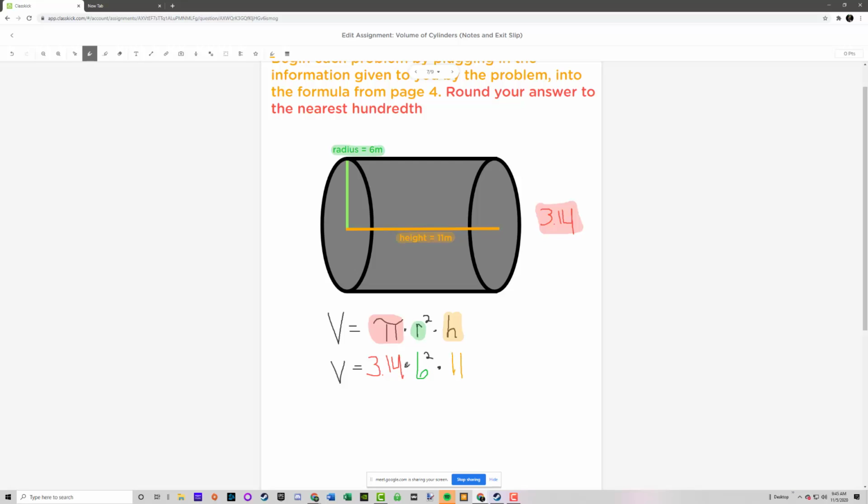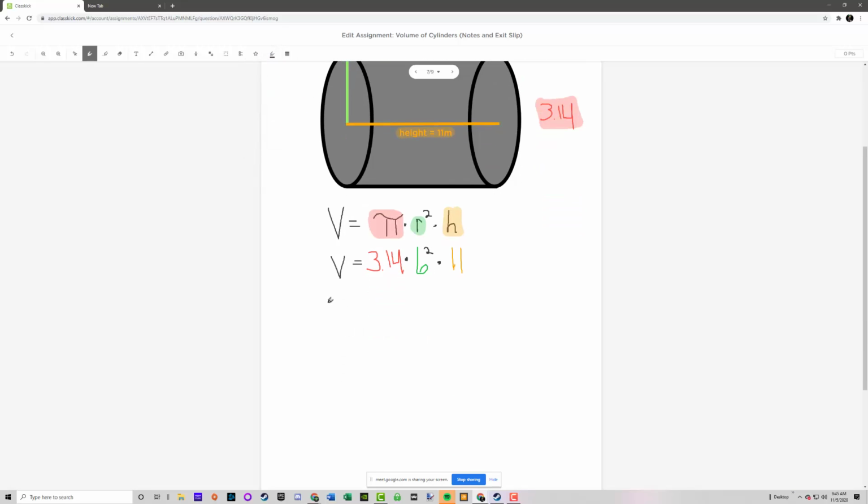So now we need to calculate all of this using the order of operations, and we will then have our final answer. What's the first thing we're going to do now that we've got everything plugged in? Exponents. Excellent. So 6 to the power of 2. What is that going to give me?